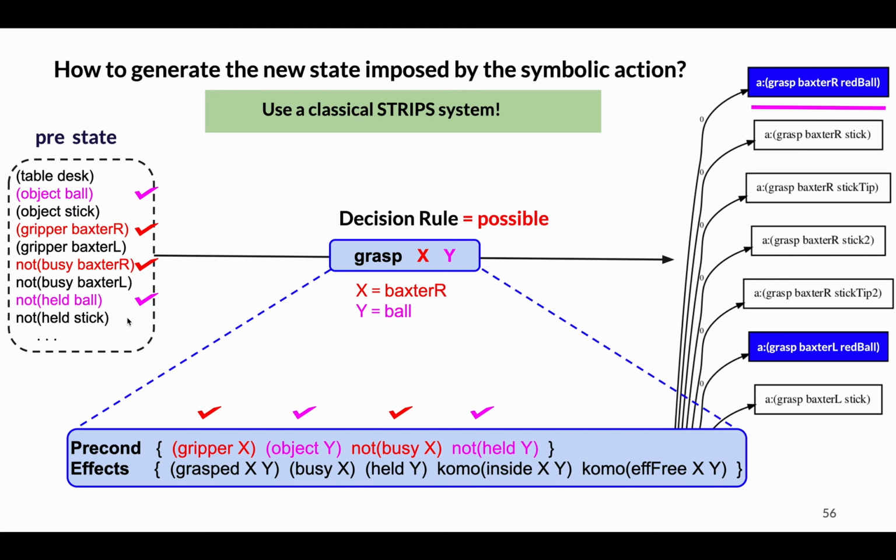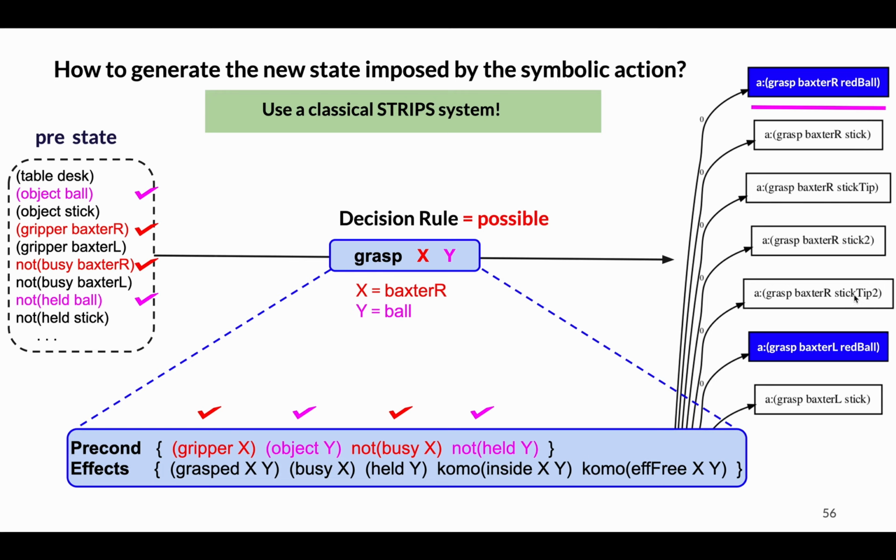So just by changing the object here from stick to ball, and applying just one decision rule to the same pre-state representation of the environment, we can create two different actions, although they are both based on the same decision rule. And if you look further, you will find that what we do here is just iterate through all possibilities. It's the same graph. We have Baxter R, and here we iterate through all possible objects to grasp.